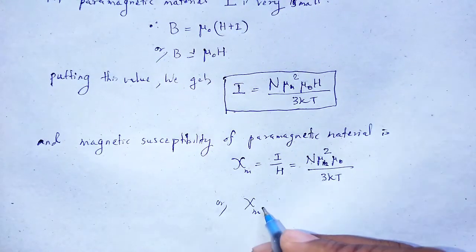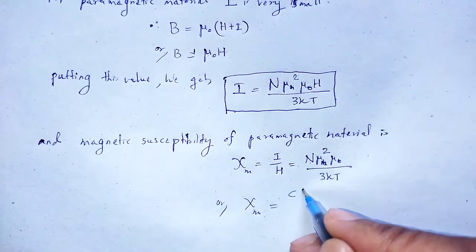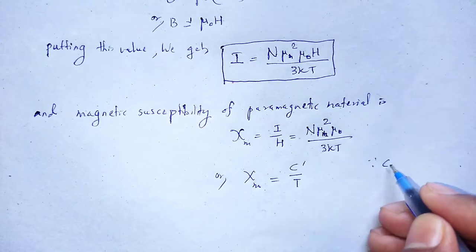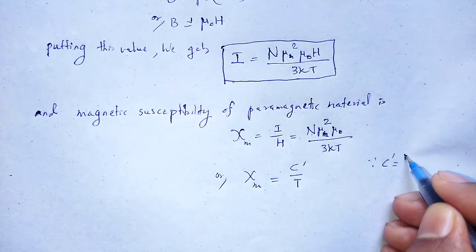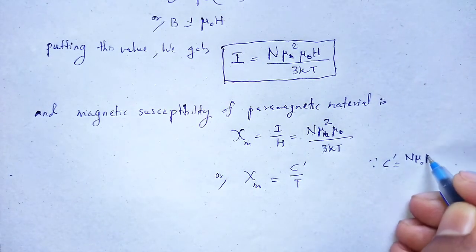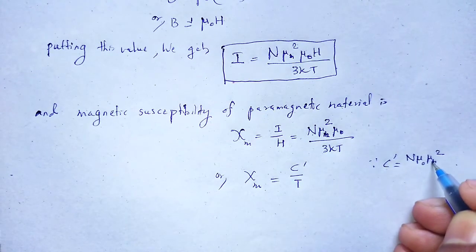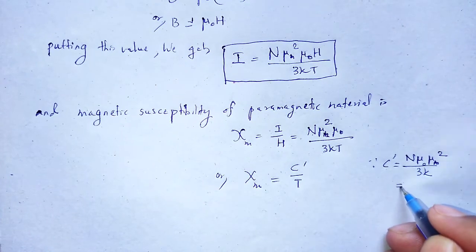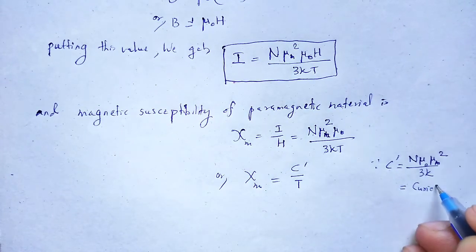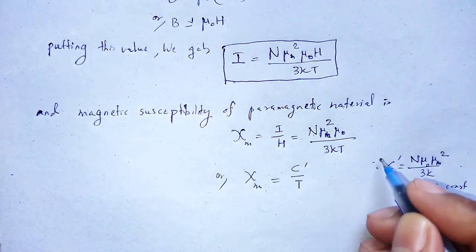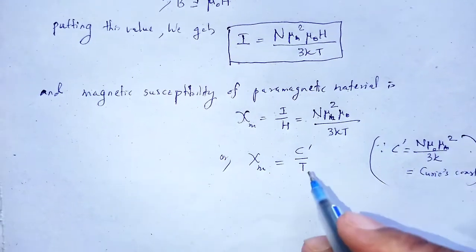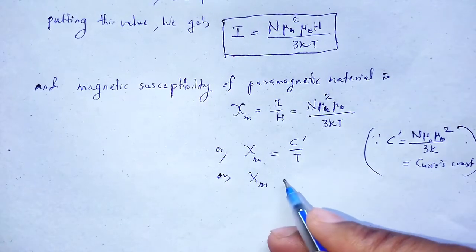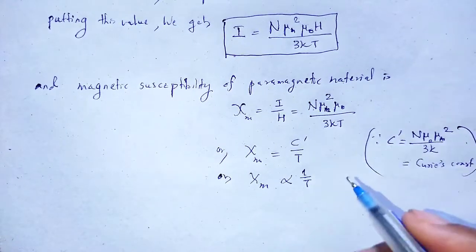Therefore, chi m is equal to C dash divided by T, where C dash is equal to n mu naught mu m square divided by 3k, known as Curie's constant. Therefore, we say that chi m is inversely proportional to temperature.